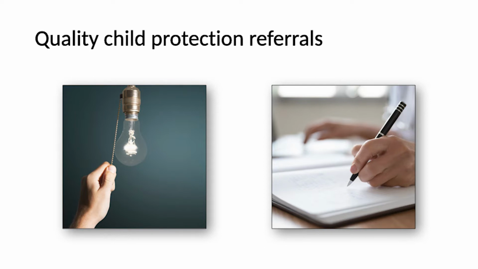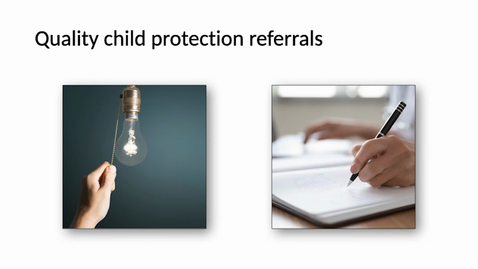So, given what we've discussed about the legal threshold being so high, this is what your referral needs to indicate and the evidence for it. Think carefully about what you include in your referral to assist decision making. It's on your evidence that the decision is made to make further inquiries.